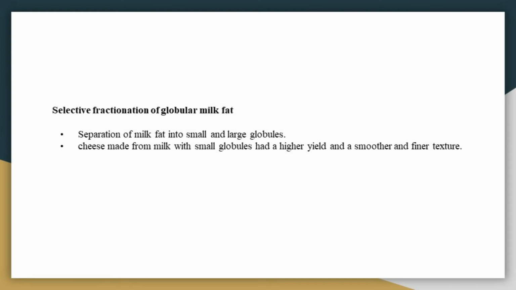Separation of milk fat into small and large globules was proposed in 2000 using a special ceramic microfiltration membrane under hydraulic conditions, which caused no damage to the native fat globule membrane.